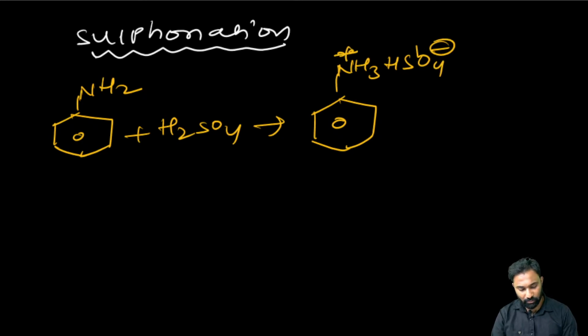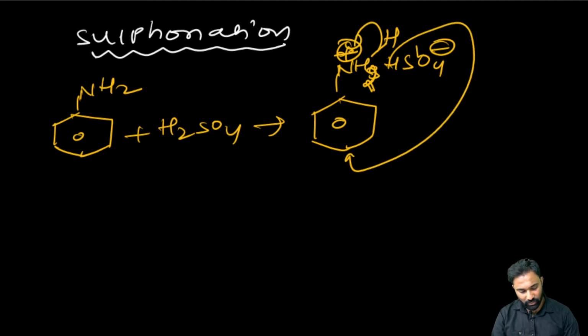Here it will get the positive charge. Now to stabilize this positive charge, the bond pair of electrons will be delocalized and this HSO4 minus will go and attack at the para position at a high temperature, 453 Kelvin to 473 Kelvin.